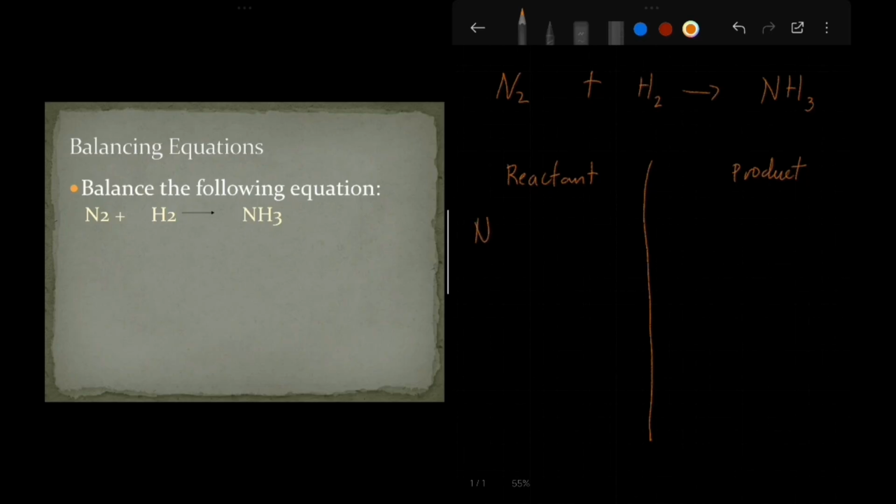So we have here nitrogen and then hydrogen. And then on the product side, we have also nitrogen and then hydrogen. So the nitrogen has 2 atoms and the hydrogen has 2 atoms. On the other side, we have 1 atom of nitrogen and 3 atoms of hydrogen.